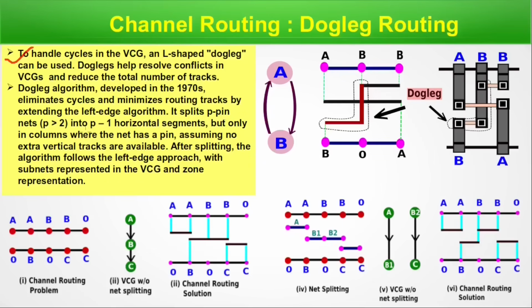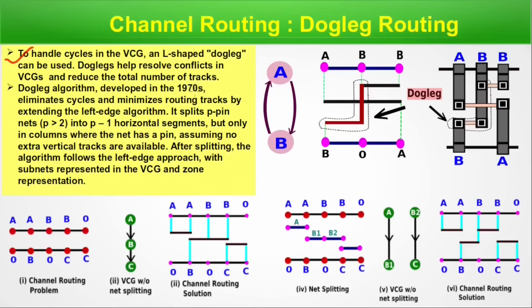It splits P-pin nets, P greater than 2, into P minus 1 horizontal segments, but only in columns where the net has a pin, assuming no extra vertical tracks are available. After splitting, the algorithm follows a left edge approach with subnets represented in VCG and zone representation. So dogleg routing also uses the left edge algorithm in part, but before that, it splits the net.